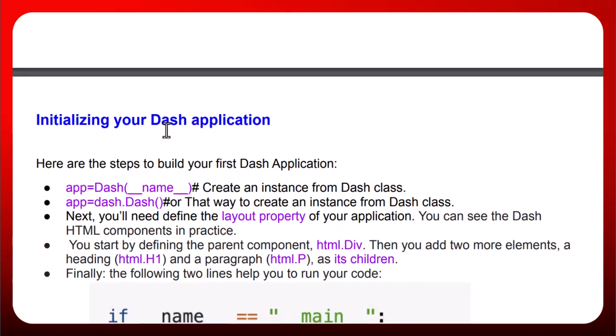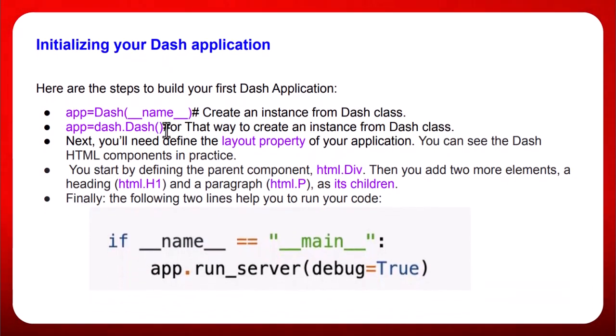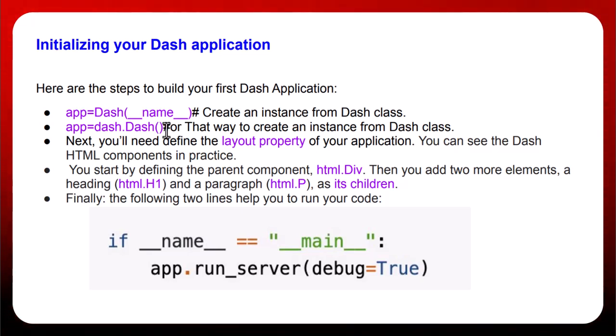Now, how to initialize your Dash application. As I said, because we're going to make an app or web page, whatever you want to call it, here are the steps to build your first Dash application. Now, app equals Dash with name, which creates an instance from the Dash class.